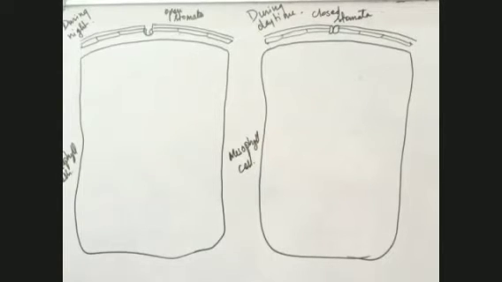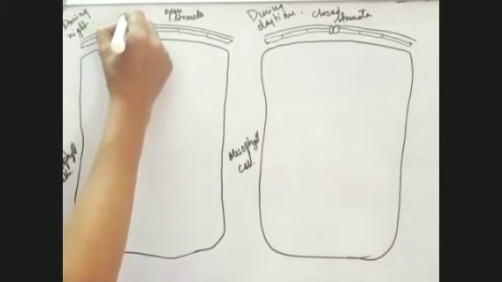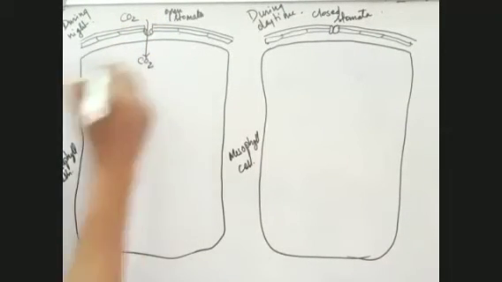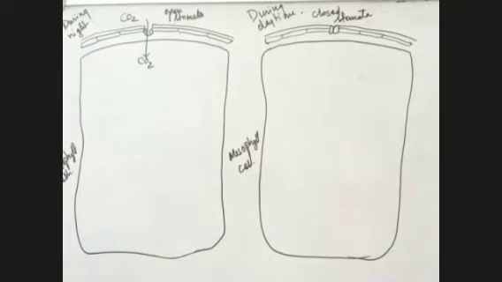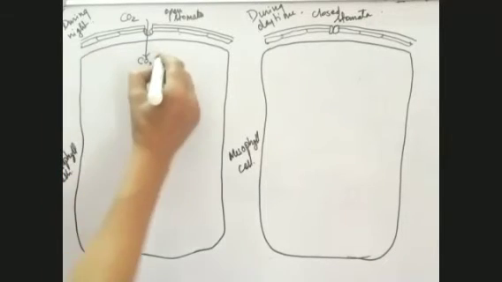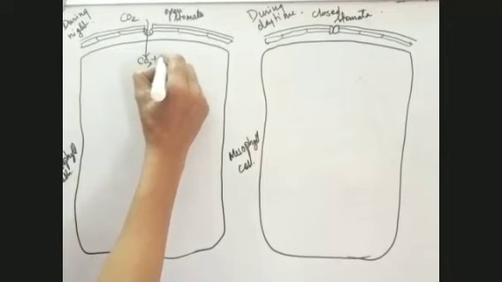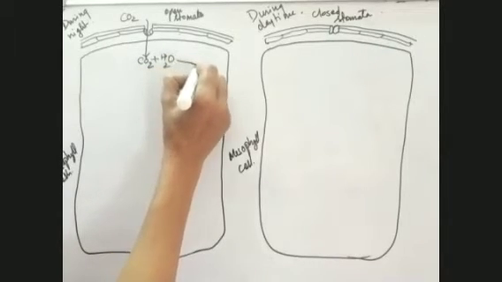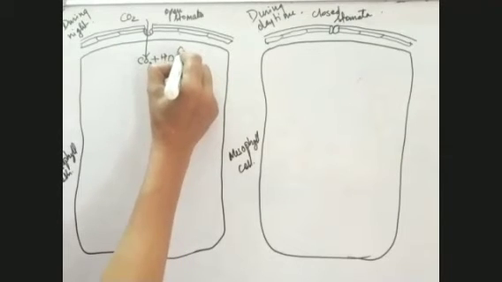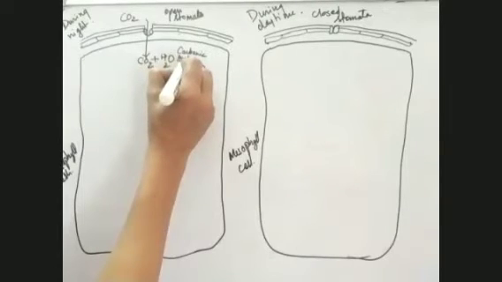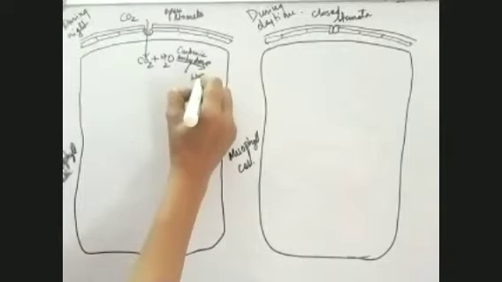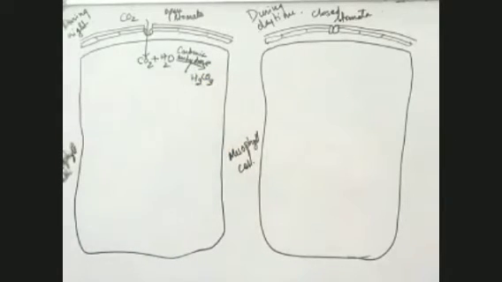Now, when the stomata are open, what will diffuse in? CO2 from outside will diffuse in. So CO2 has come in. Now, inside the mesophyll cell there is water. So this CO2 will combine with water in the presence of the enzyme carbonic anhydrase to form carbonic acid, H2CO3.